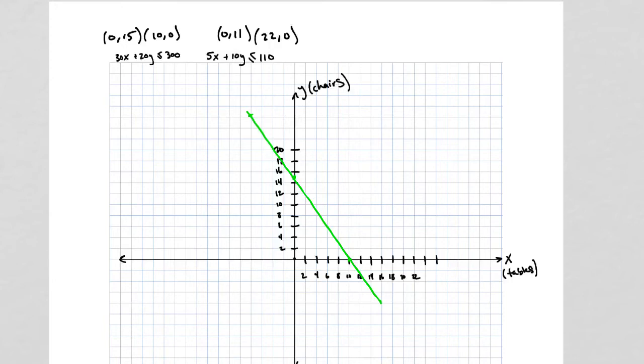Let's just say our 2 points, 0, 11 and 22, 0. So when x is 0, y is 11. So when x is at 0, y is 11 is here. And 22, 0, that's going to be this point here. Okay, go ahead and connect these two points.